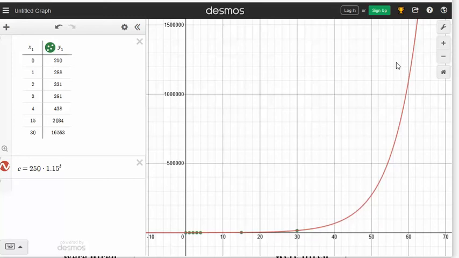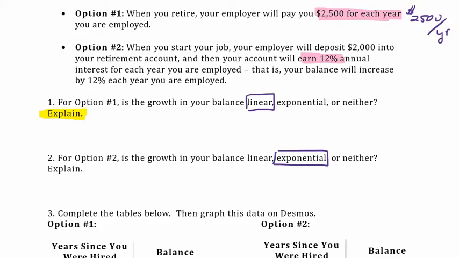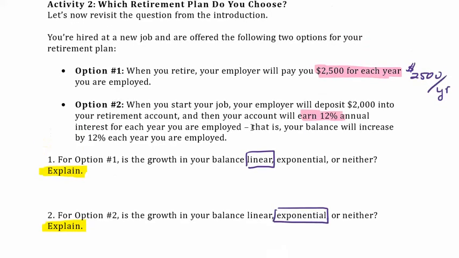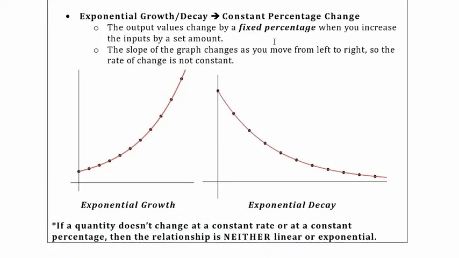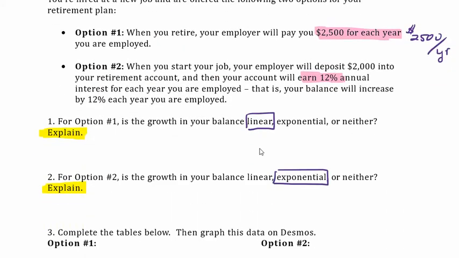We saw this kind of a shape when we were increasing by 15%. So for this one, you go ahead and explain, but you should say something about increasing by a fixed percentage. And again, all that is summed up on the previous page, which I would encourage you to read. So here we have this growth by a fixed percentage. We're going to get this kind of a shape in our graph.